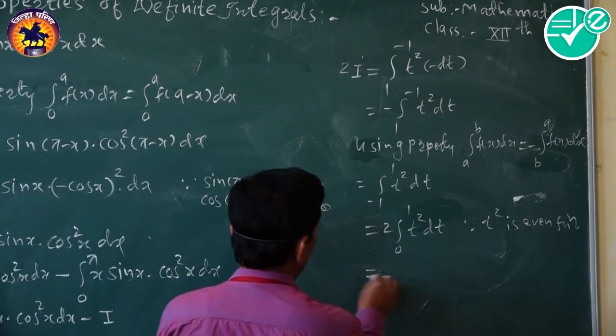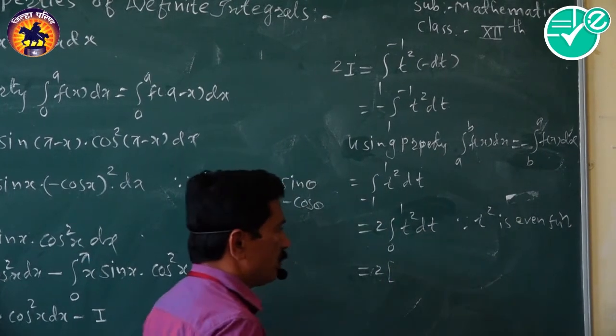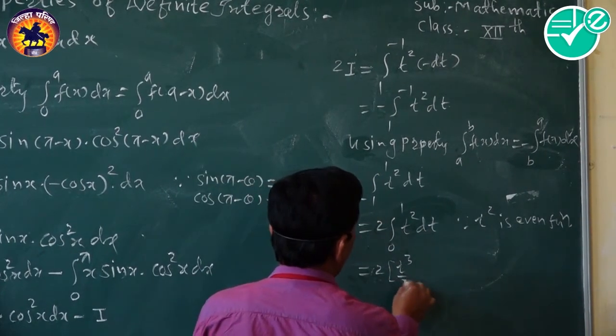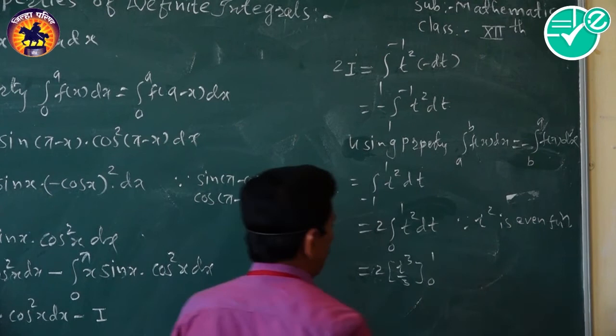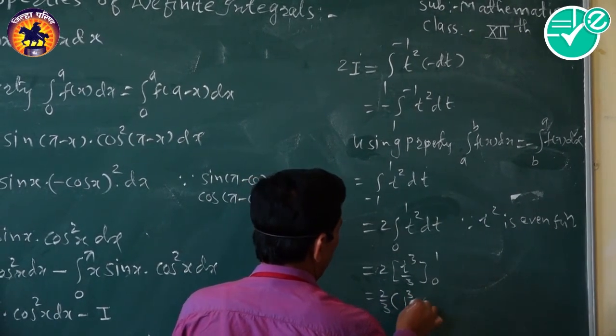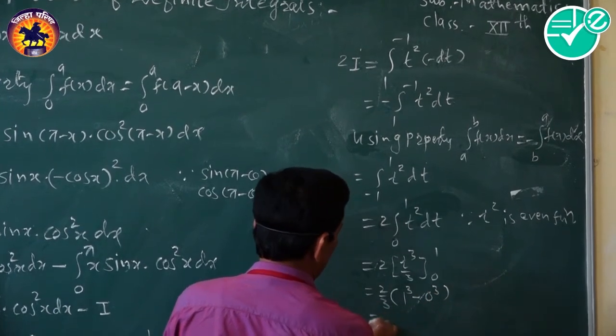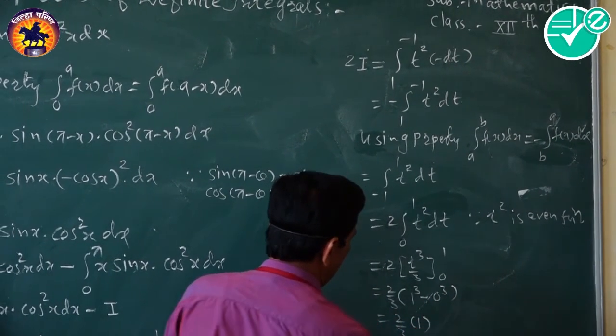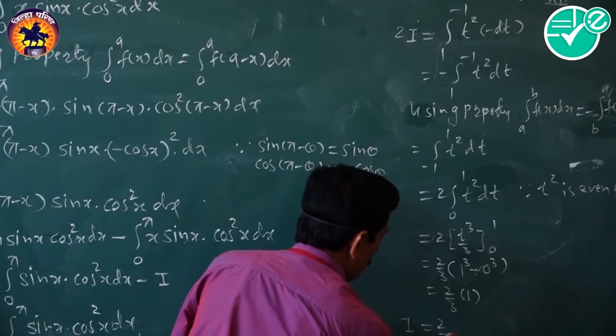Hence 2 into the integration of t square, which is t cube by 3, with limits 0 to 1, that is 2 by 3 into 1 cube minus 0 cube, which is 2 by 3 into 1, and hence I is equal to 2 by 3.